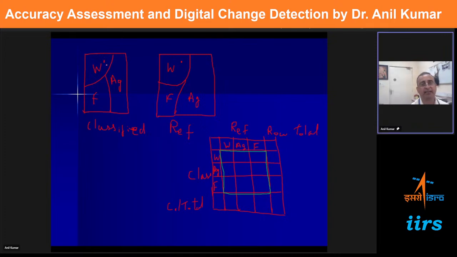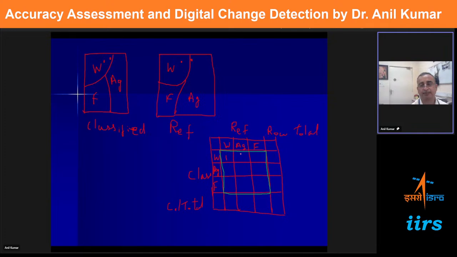In classified, that sample is water, and in the reference map it is water. So in classified it is water and in reference it is water, so it will come here: 1. The second sample you take, it comes here. In classified it is water, and in reference it is agriculture.